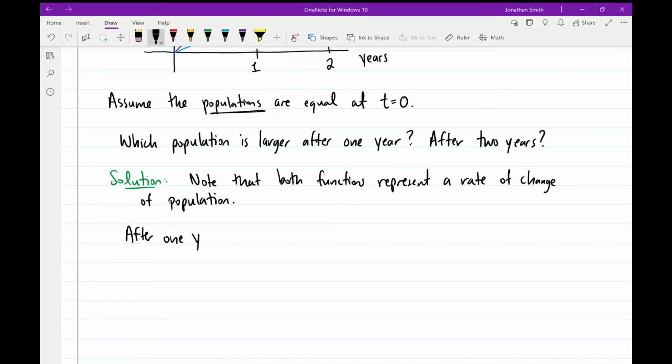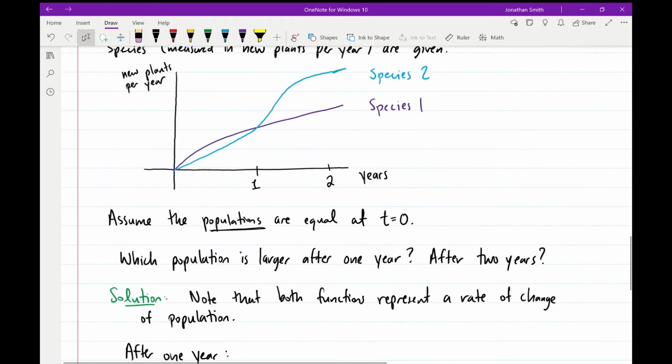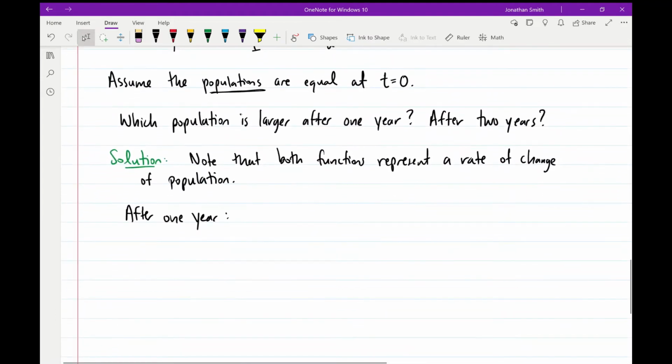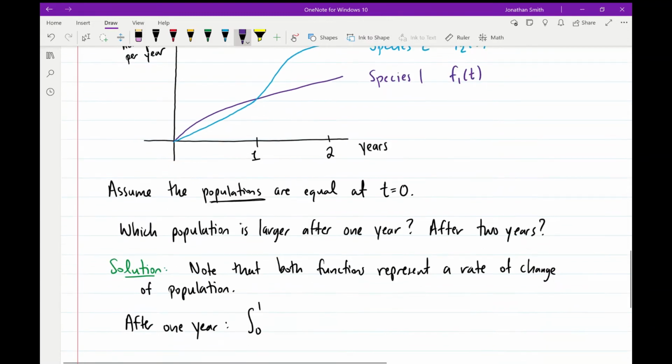So really, at least if I'm looking at which population is larger after 1 year, I'm just asking the question, is the definite integral from 0 to 1 bigger for species 1 or bigger for species 2? Because that's going to give me the total change. So let's look at the definite integral from 0 to 1. And maybe I'll call the function for species 2 f sub 2 of t, and I'll call the function for species 1 f sub 1 of t.